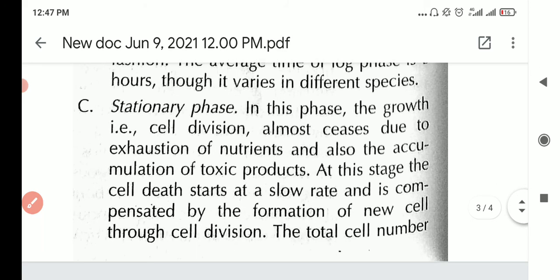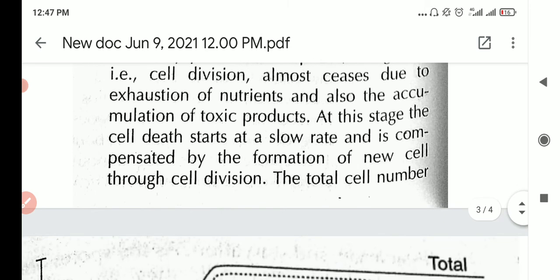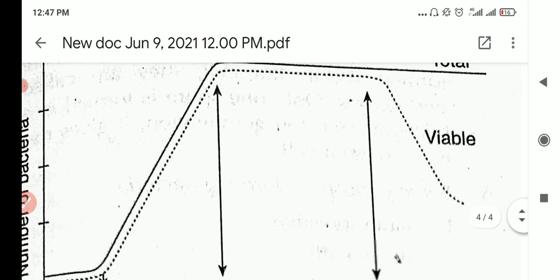So in the stationary phase, the cell division will slow down due to the lack of nutrients and the accumulation of toxic products. I've already explained that in the story. Then death will start at a slow rate, and new cells will also form slowly, no more exponential.